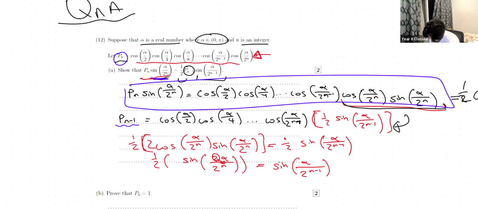And then what I've realized is what I'm basically trying to prove, or rather, let me backtrack. So if you look at Pn sine alpha on 2n, so the left-hand side, and you compare it to what Pn minus 1 looks like, everything is the same up to this cos alpha on 2n minus 1. Where it differs, actually, let me write this in here as well.